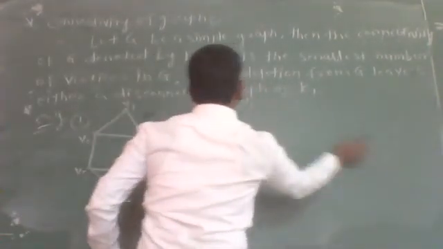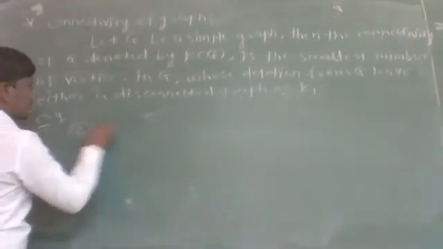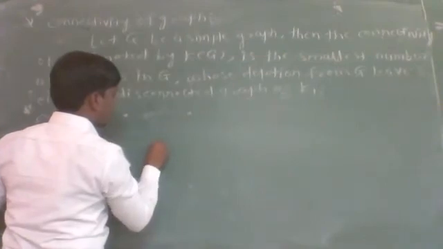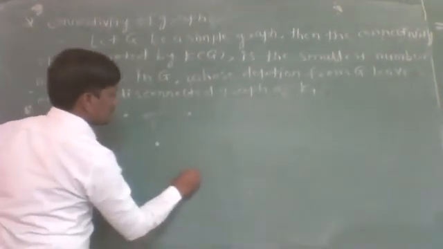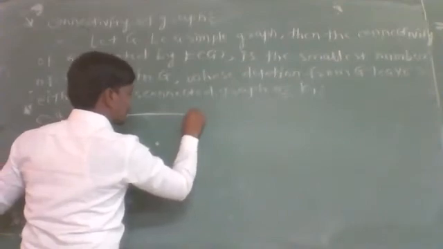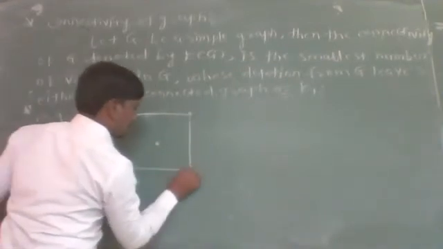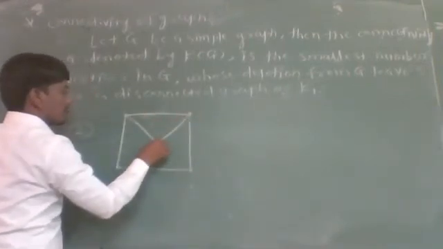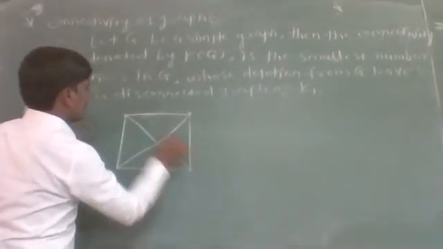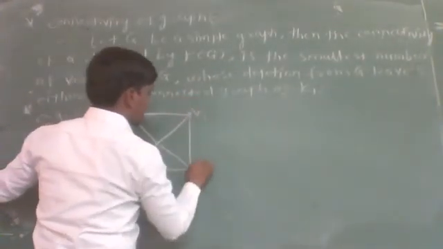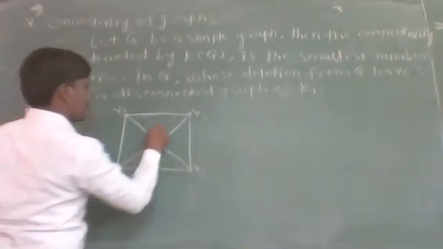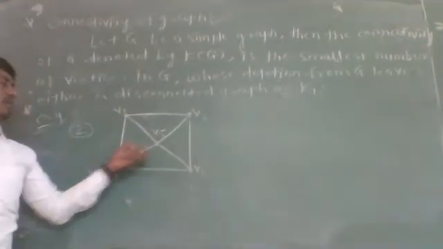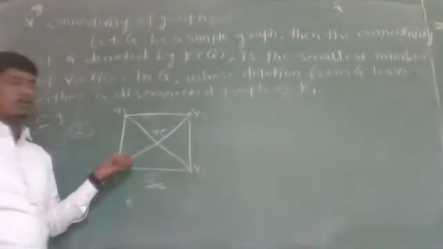Another example, the second example. If we remove any single vertex from this graph G, the graph is not disconnected.